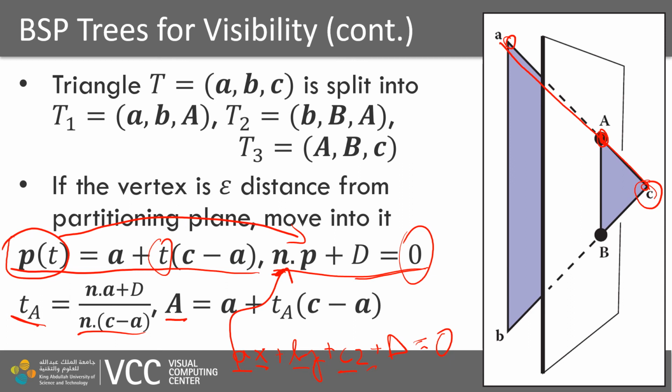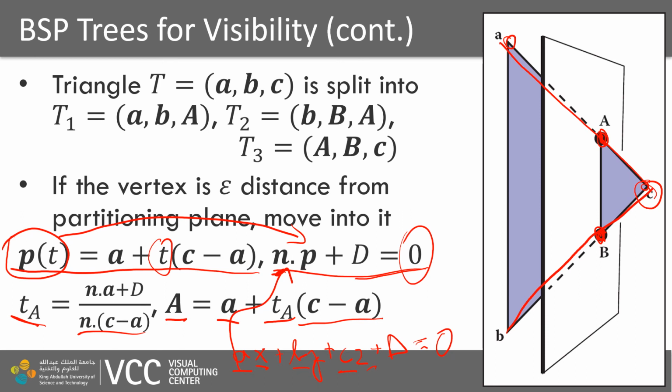This can be easily defined as point A plus tA, the parameter which we just computed, times the vector AC, which we can easily calculate. Now, the same we can do for the B, based on the BC edge, and then we have our intersection points.